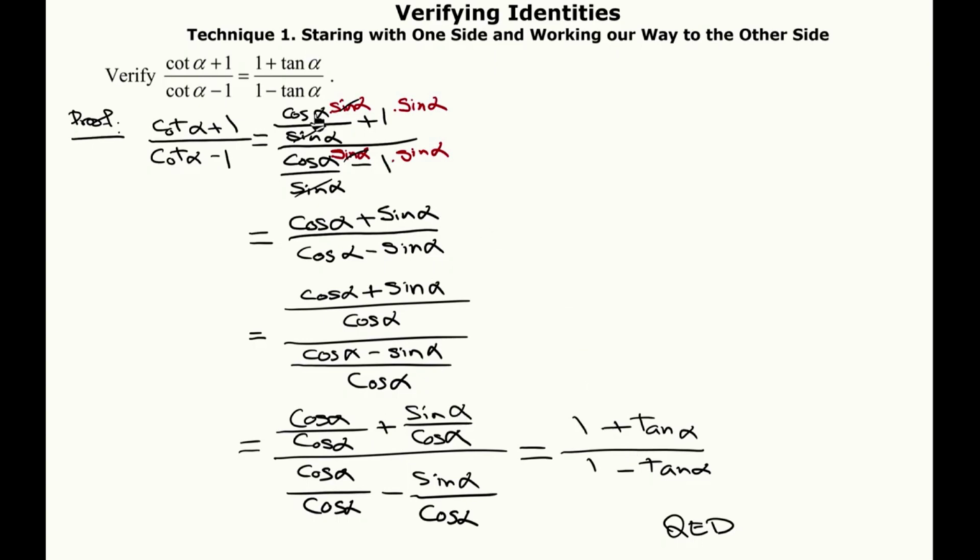What I would like you to do is start with the right hand side, see if you can work your way to the left hand side, and you should be able to do that. And again, that will demonstrate the fact that I mentioned in the last problem, that these derivations and verifications are not unique. So make sure you do that before we proceed.